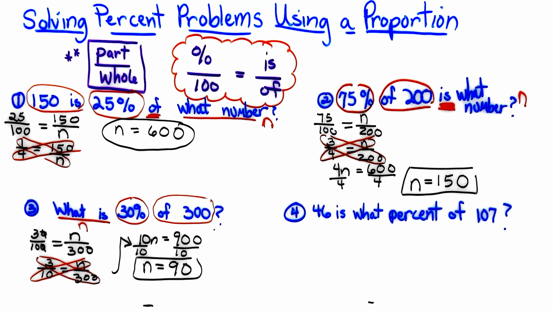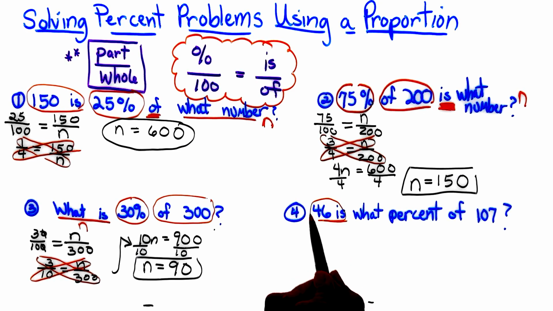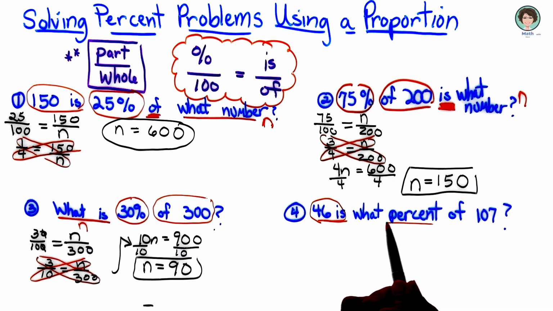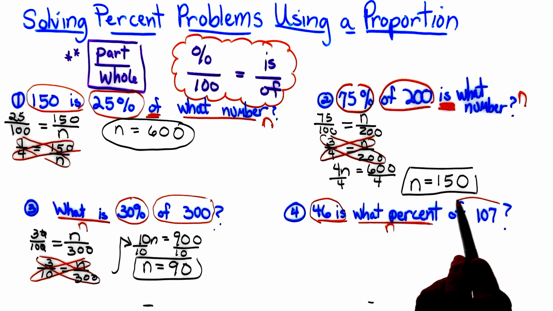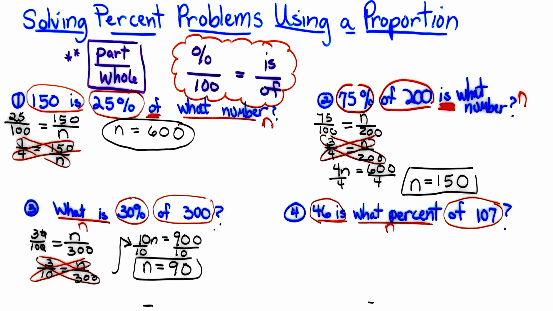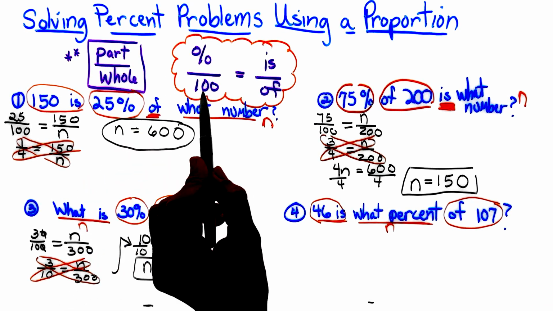And here's our last problem. So 46 is what percent of 107? Okay, well here is our number near our "is." Notice now they want "what percent." So that number is going to be n. And "of" is our big total, and it is 107. So as we set this up, let's go back to our proportion.